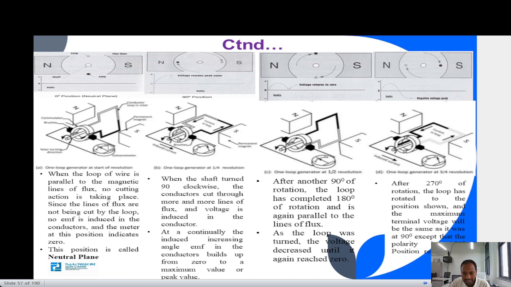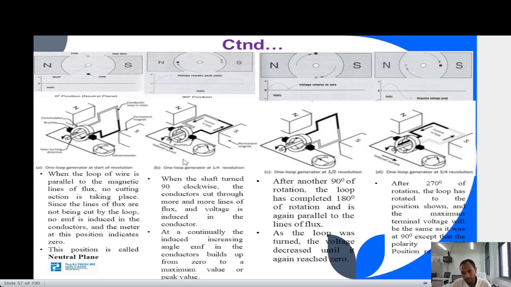Now let us turn 90 degrees. When I rotate 90 degrees clockwise, see the black side, which was down, now becomes the southern pole.